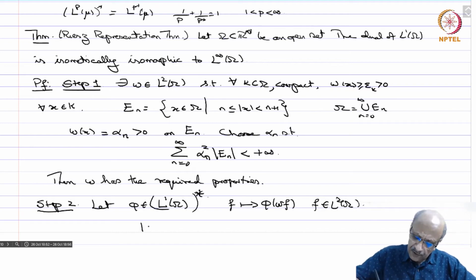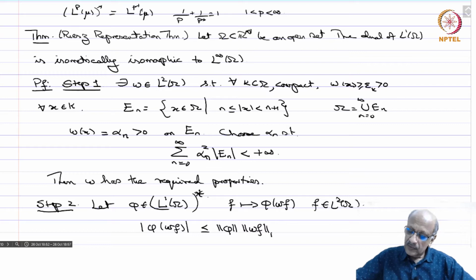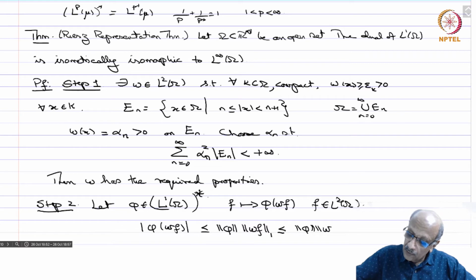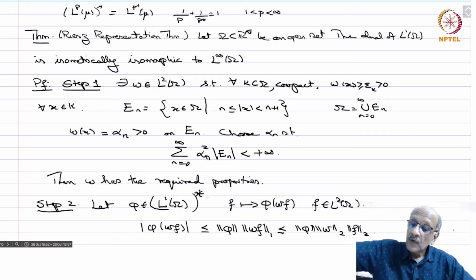What is |phi(Wf)|? It is less than or equal to norm phi times norm Wf in L1. By the Hölder inequality, this is less than or equal to norm phi times norm W in L2 times norm f in L2. So this defines a continuous linear functional on L2.